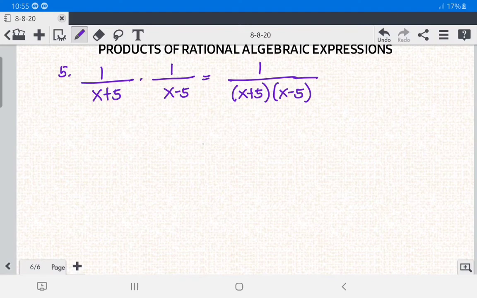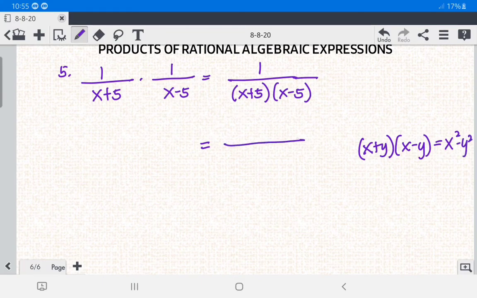So here, it is easy for us to find the product of x plus 5 and then x minus 5 since they are sum and difference of two terms, right? And then we all know that if we have x plus y and then x minus y, their product is x squared minus y squared, right? So here in this case, let us write 1 first as the numerator.